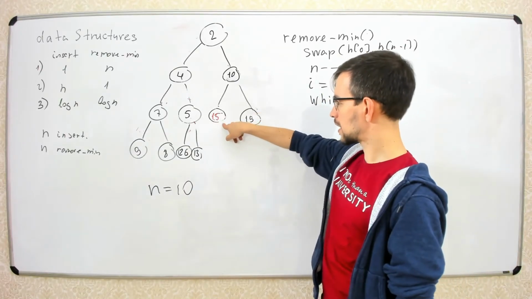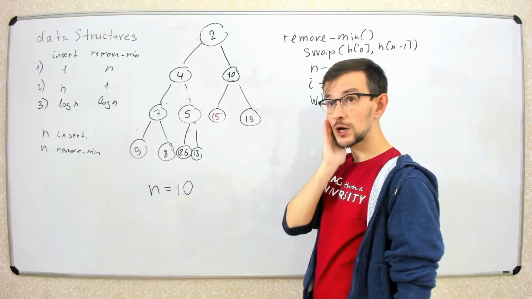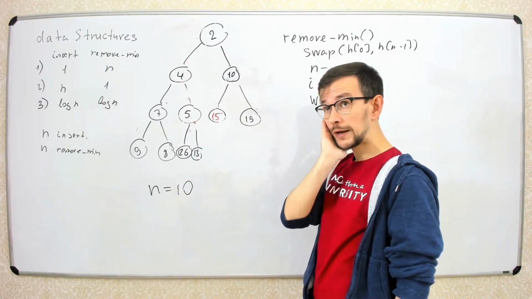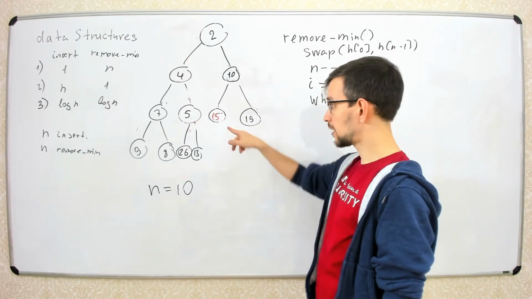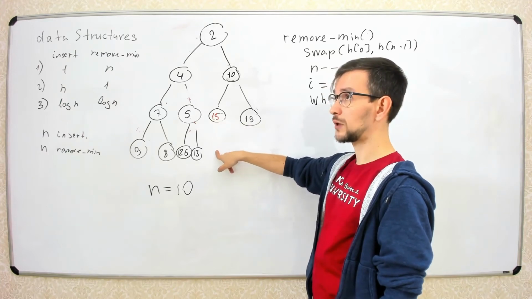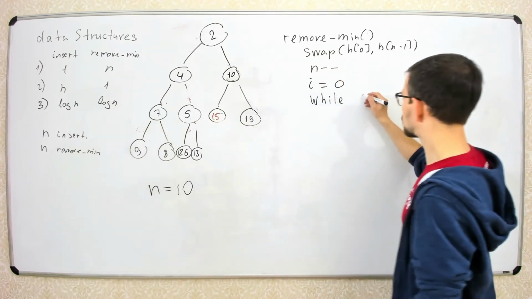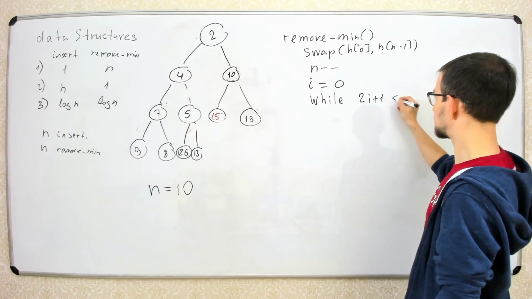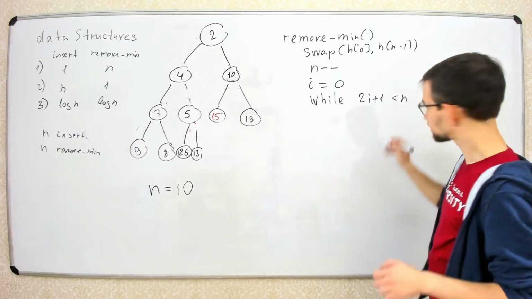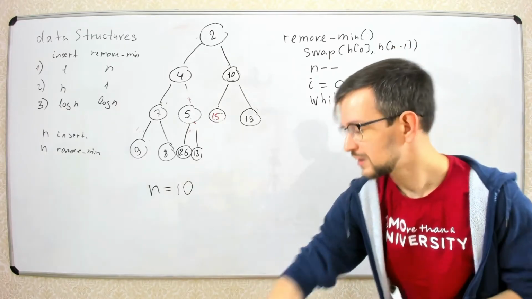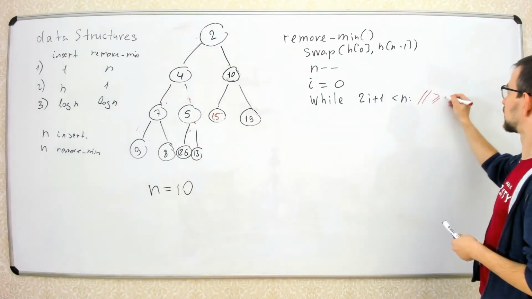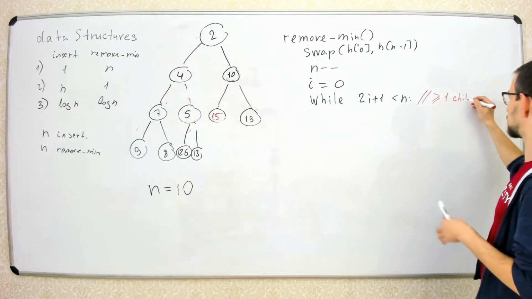So when I have at least one child, if I have a left child, it has index 2i plus 1, so while 2i plus 1 is less than n. So it means I have at least one child.